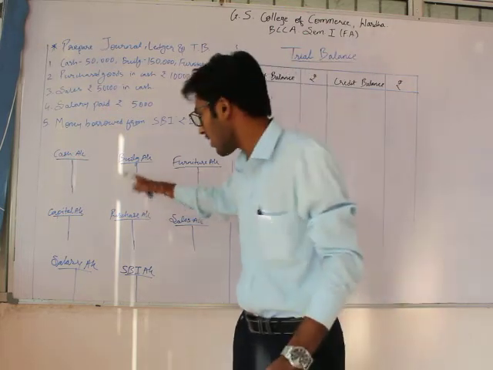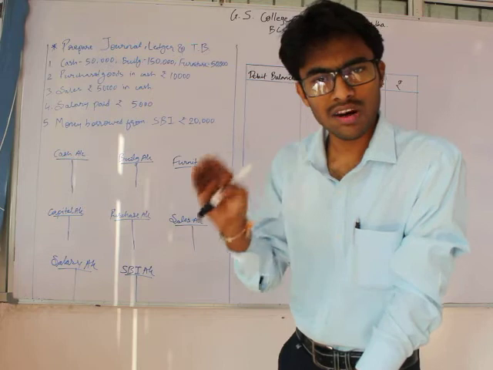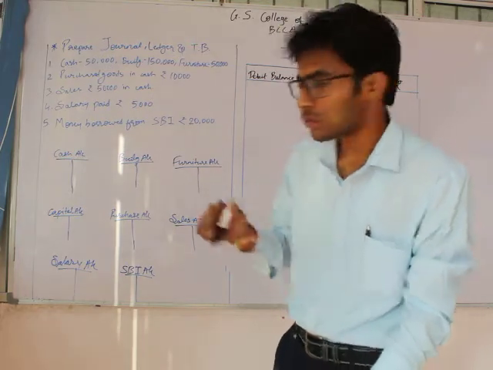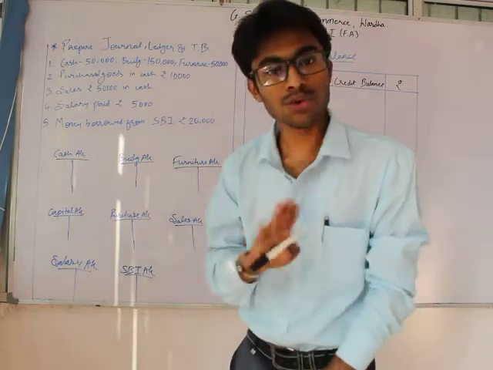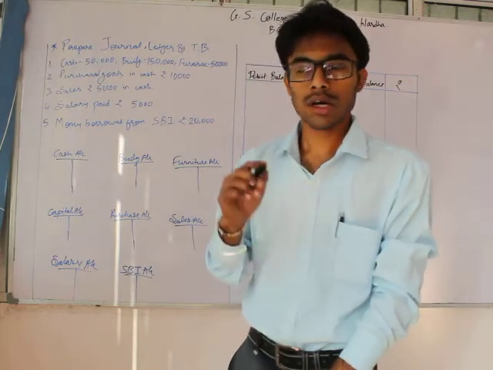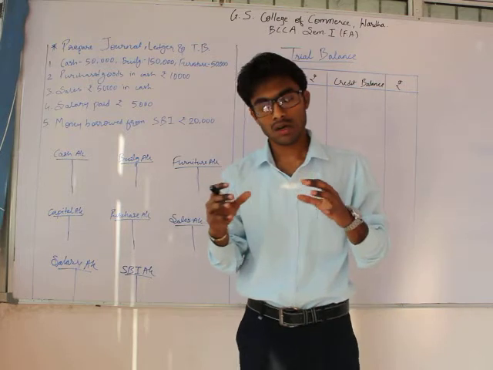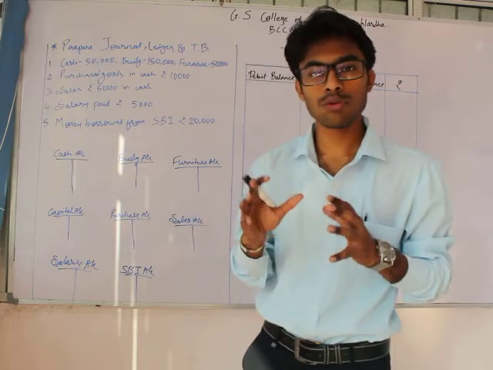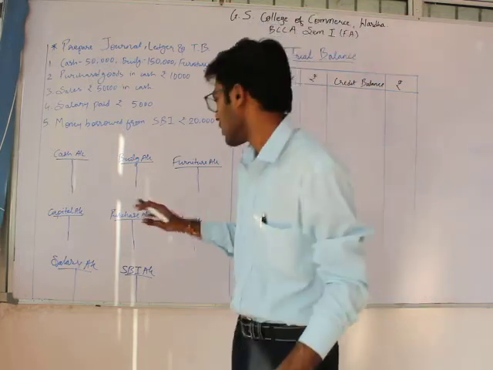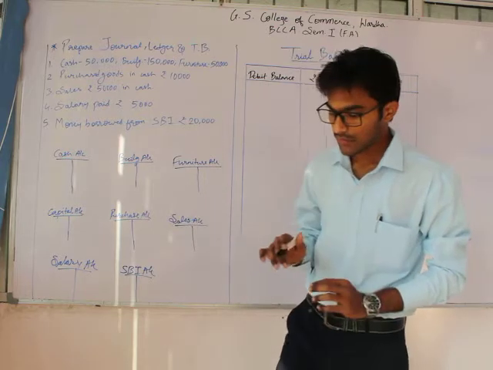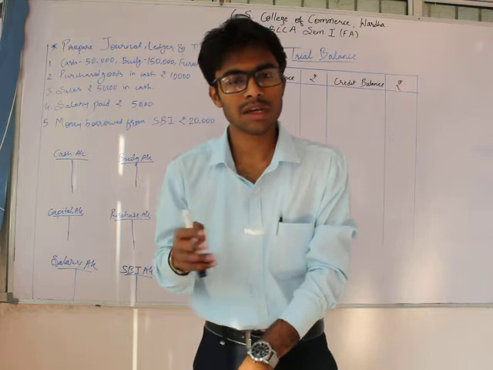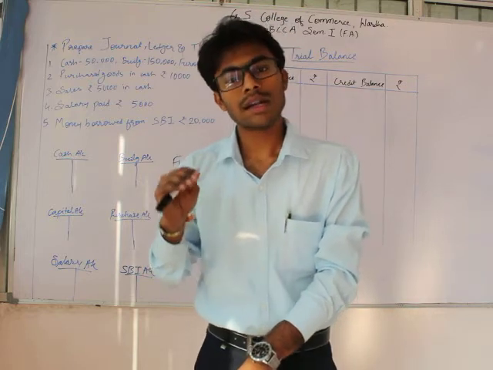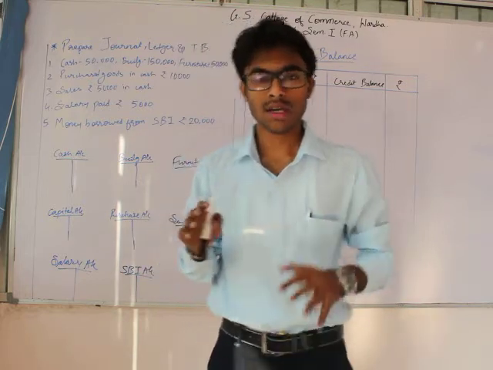In front of you I have made the ledgers in very rough form, in T form, to save my space and save my time. But you cannot do this. You have to be very clear, and you have to make everything in fair form, not like this. Cash account, building and furniture account have been debited, and capital account has been credited.